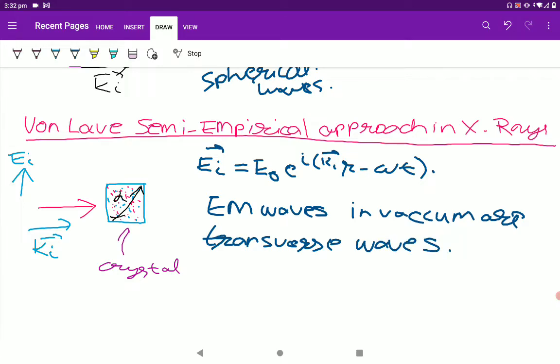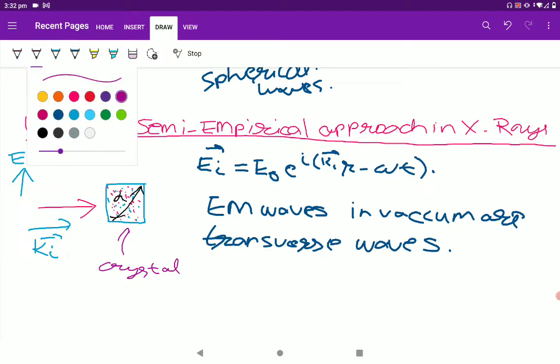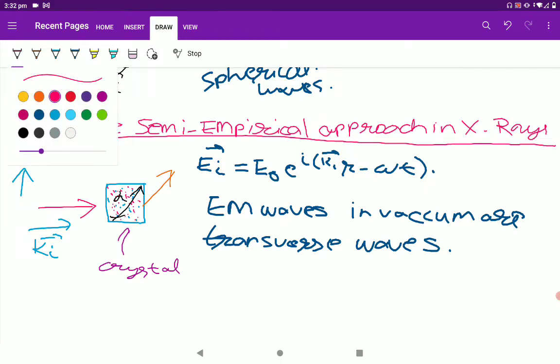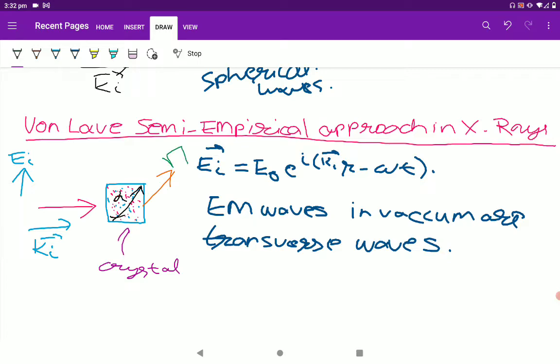So this is the diffracted wave, and here we have the detector, which measures the diffracted waves. At the detector we have the scattered wave vector, that is ks.